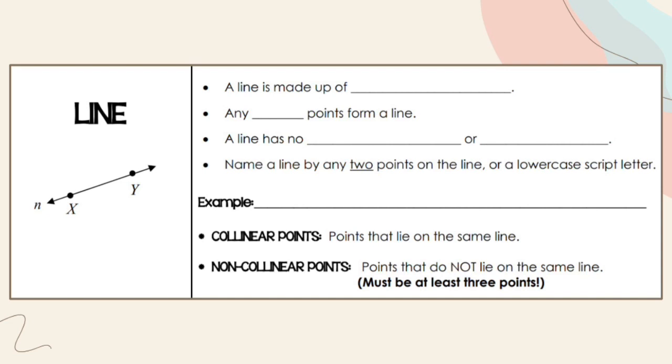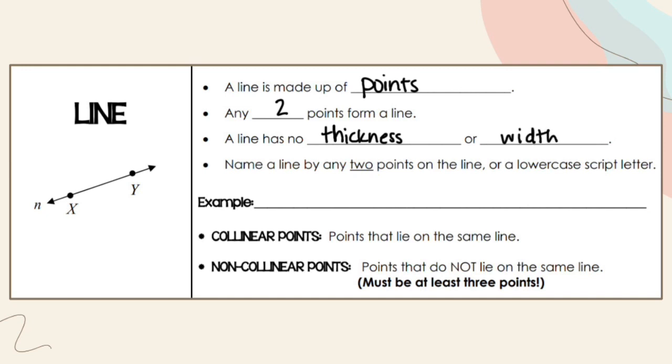A line is made up of points. So, there are just infinite numbers of points along this line. Any 2 points can form a line, and a line has no thickness or width.